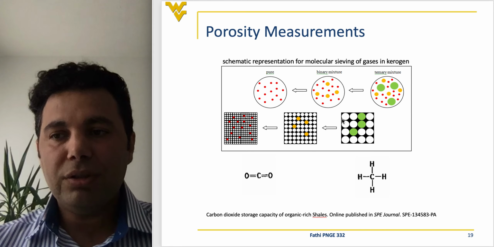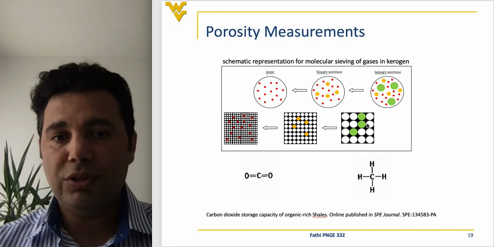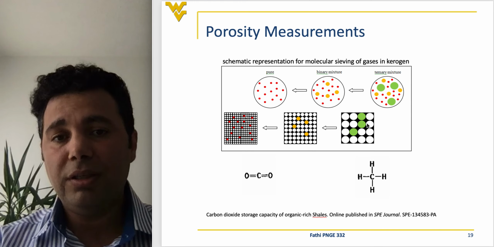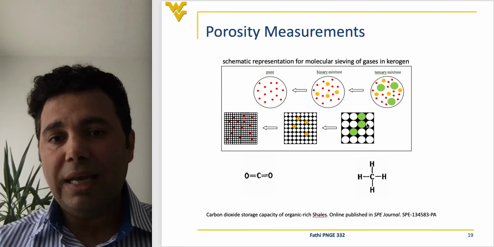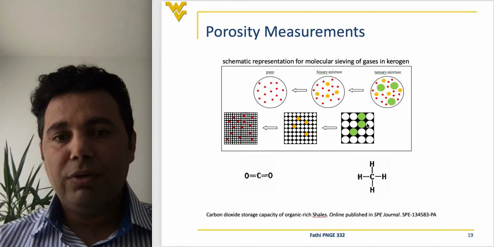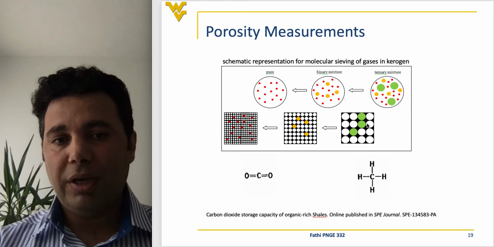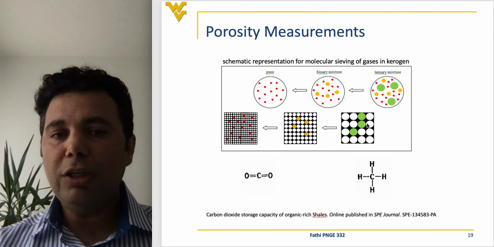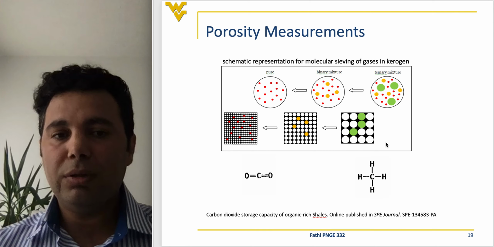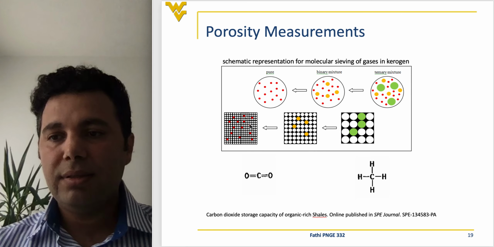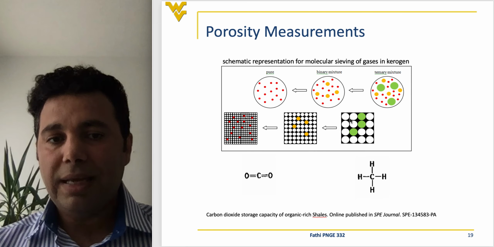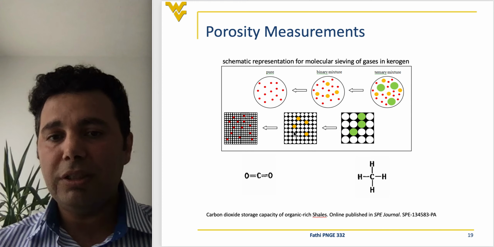So when we measure the porosity, which is one of the major properties of the rock, and we use that to come up with the original gas in place and how much gas we have in the reservoir, we usually use helium in our industry. But helium is a much smaller molecule compared to methane. So if you have multiple pore sizes, helium can access the large pores, intermediate pores, and very, very small pores.